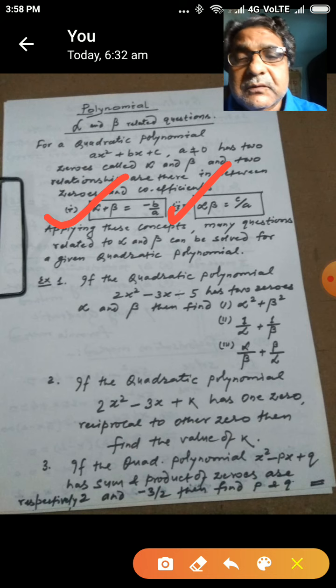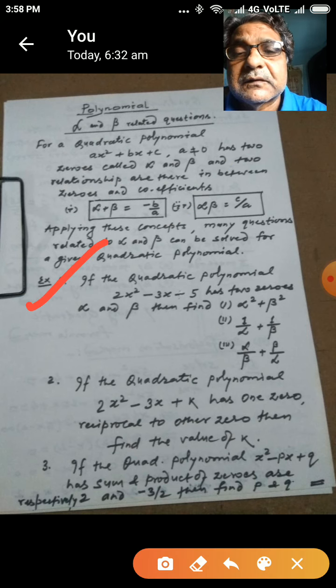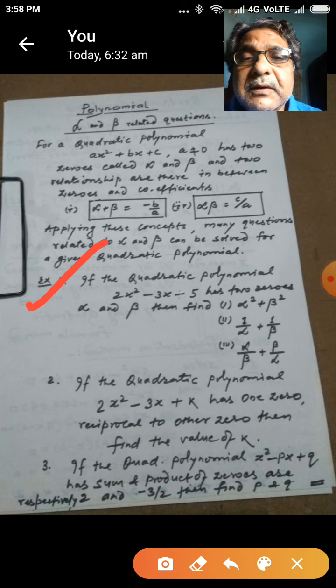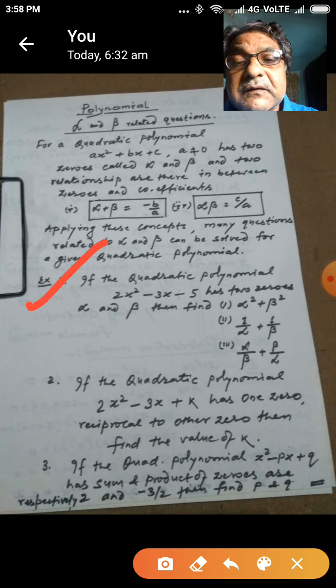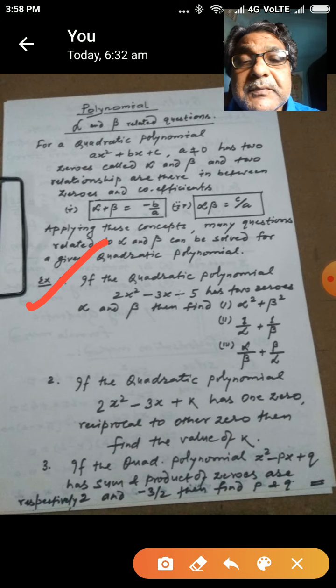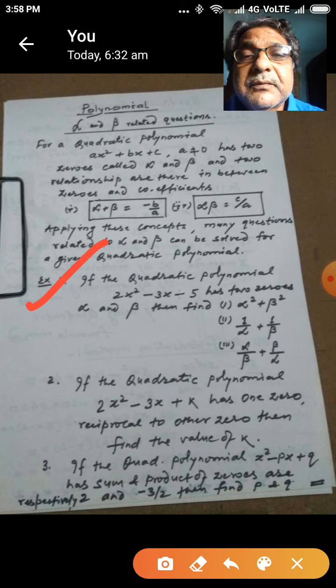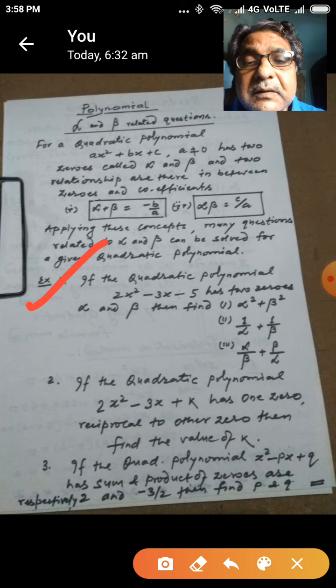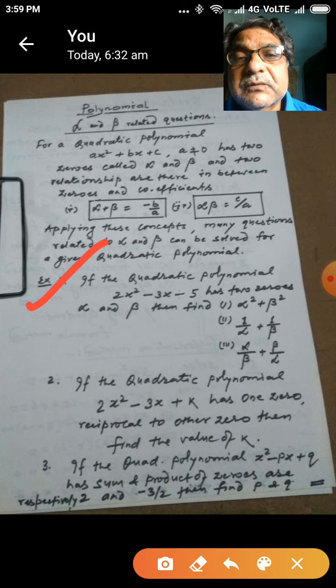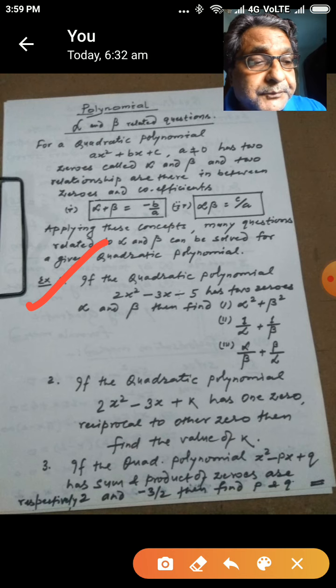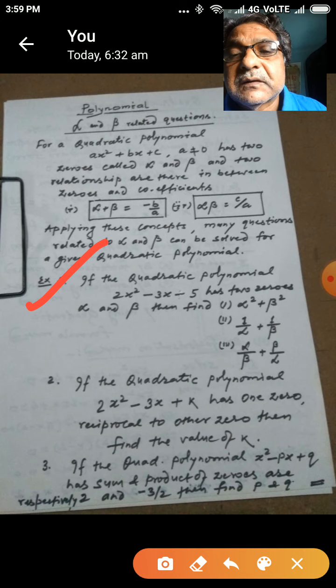For example, question like this: suppose a quadratic polynomial, say 2x square minus 3x minus 5, has two zeros alpha and beta, then find first alpha square plus beta square, second 1 by alpha plus 1 by beta, third alpha by beta plus beta by alpha. Such questions can be solved using the above two relationships.